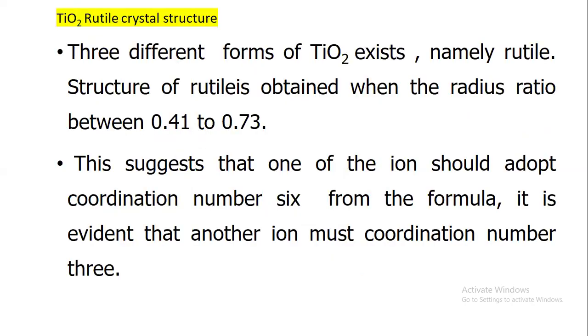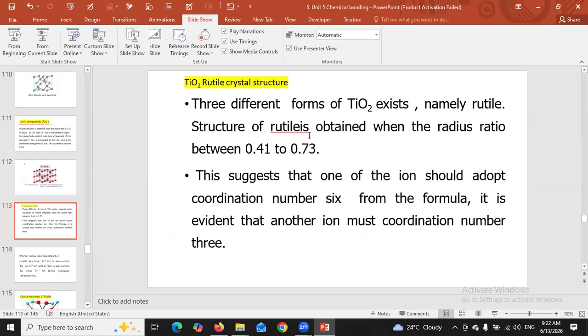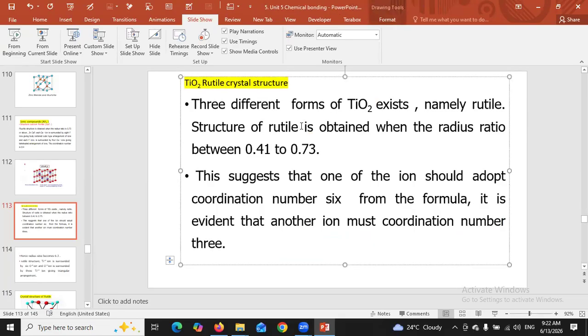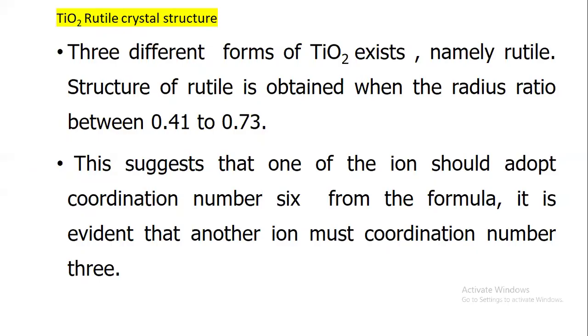Titanium oxide, rutile crystal structure. Three different forms of titanium oxide exist, namely rutile. The structure of rutile is obtained when the radius ratio is between 0.41 and 0.73.